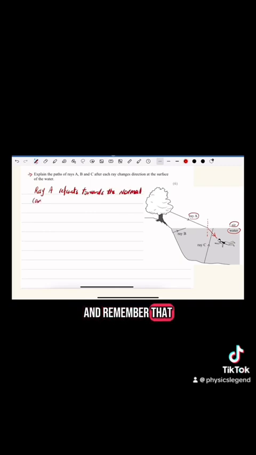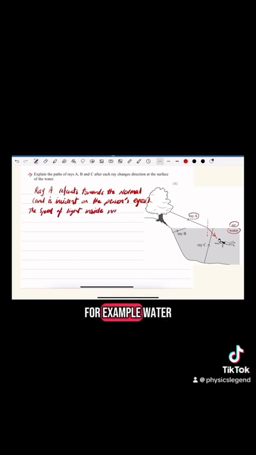And it is incident on the person's or the diver's eyes, so I get 1 mark. And the reason for this is because the speed of light inside water is less than the speed of light in air. For ray B, I think the angle of incidence here is more than the critical angle.